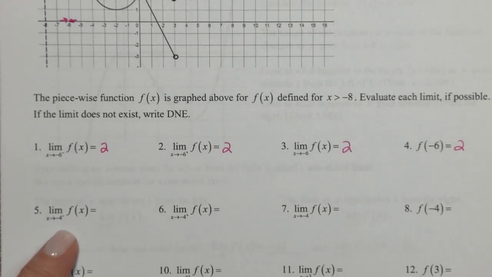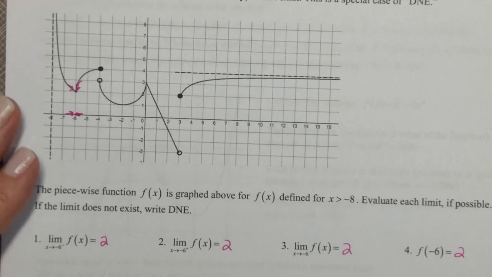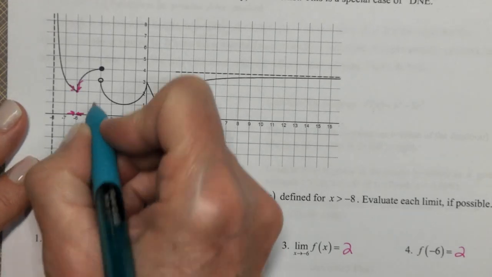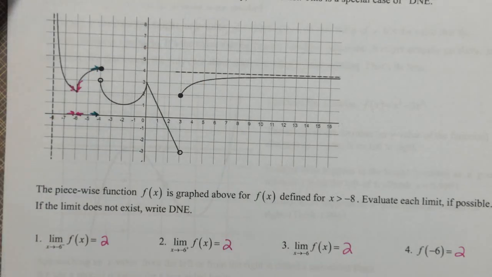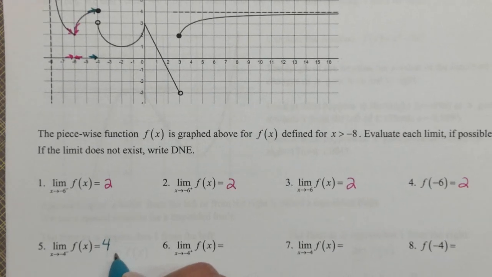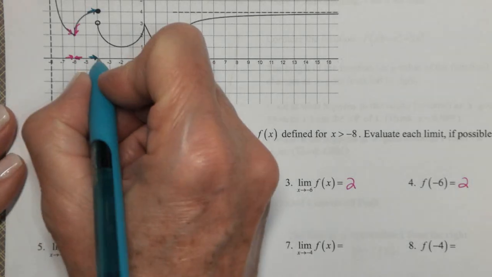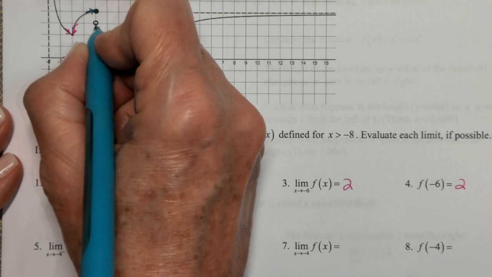Let's approach -4 from the left. From the left, the function is approaching 4. So this limit is 4. Let's approach -4 from the right. From the right, the function is approaching 3.